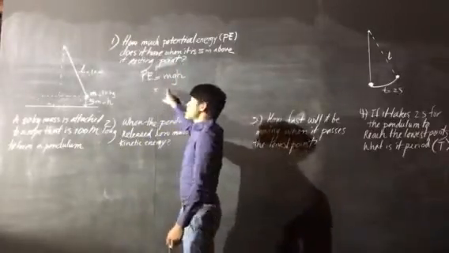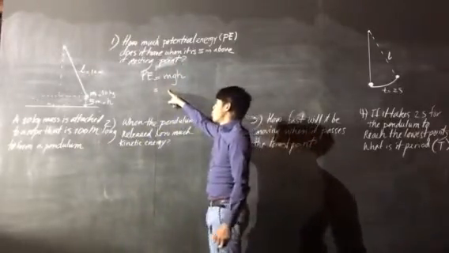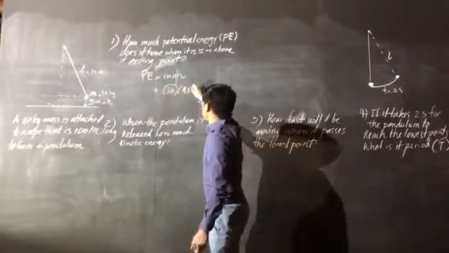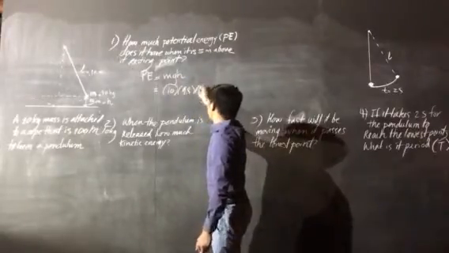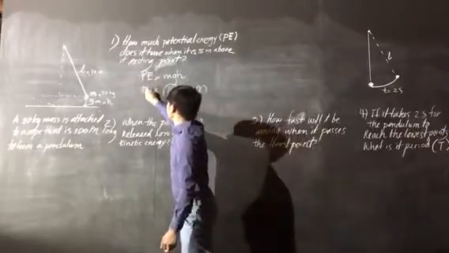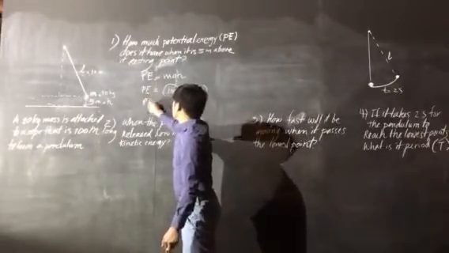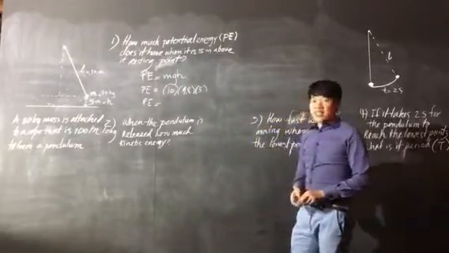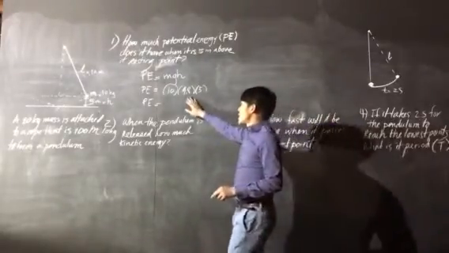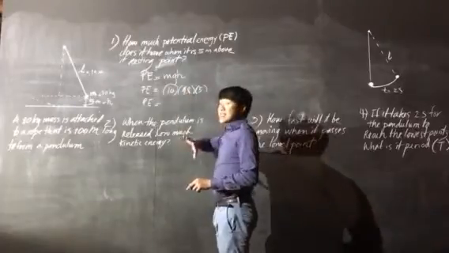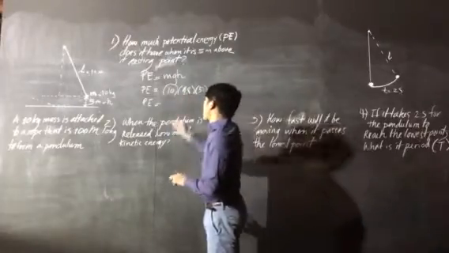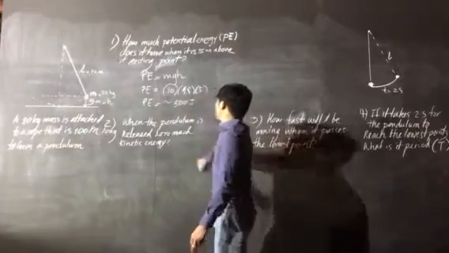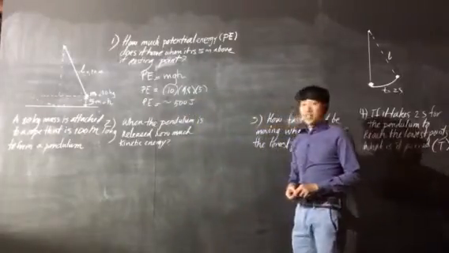I'm going to replace the mass with 10 kilograms, gravity 9.8, and the height is 5. So your potential energy will be roughly, instead of using 9.8, I'm going to make it 10, so that would be around 500 joules. That's what it is for potential energy.